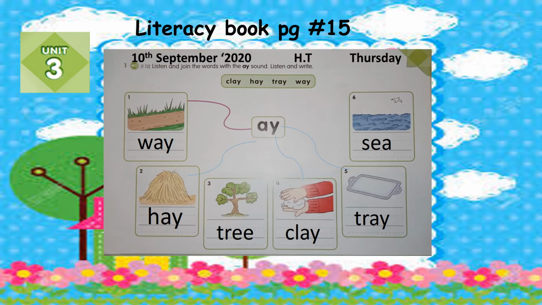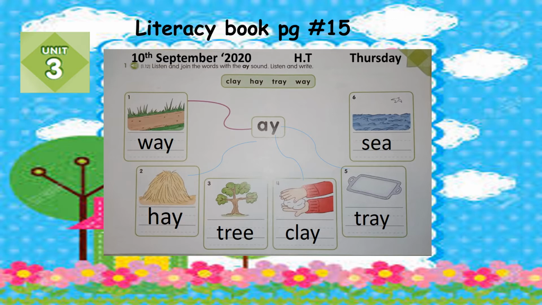Look at picture number 1. It's a picture of way, and you have to write spelling of way, W-A-Y, way. And then you have to match this picture in the middle of digraph A. Then write under picture number 2, what's that?